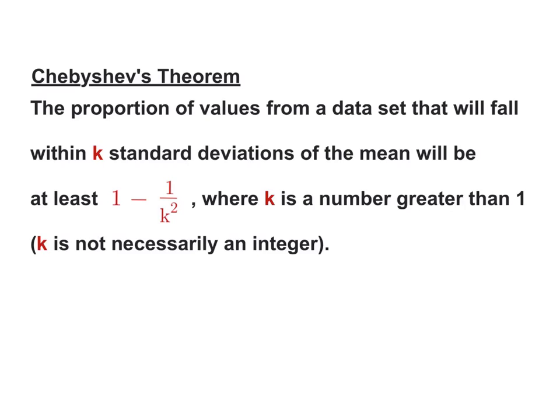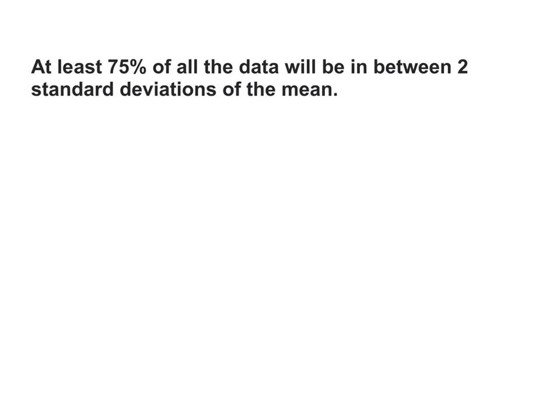So let's look at some examples and how to work through this a little bit so it makes a little more sense to you. Okay? One of the things you need to understand is at least 75% of all the data in any given set will be within two standard deviations of the mean. The reason that I know this is because we're saying k equals 2.